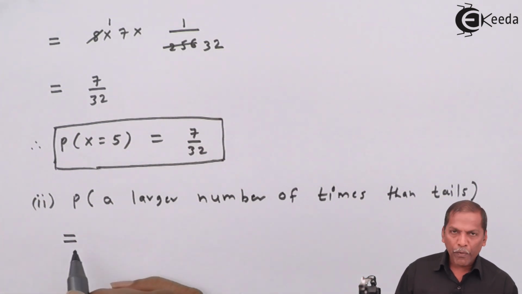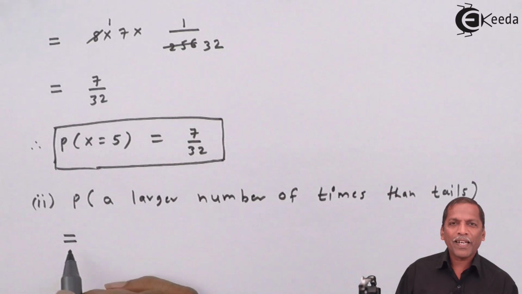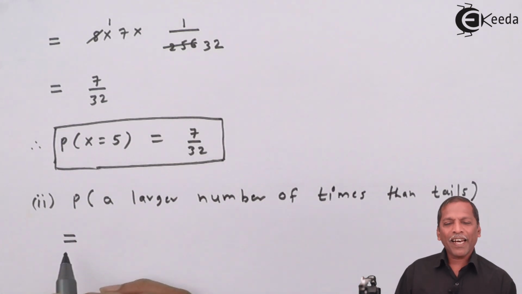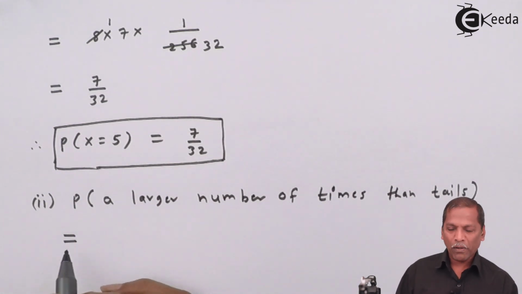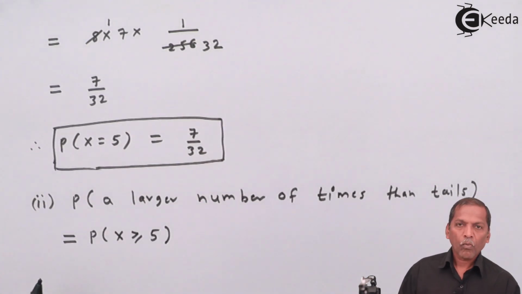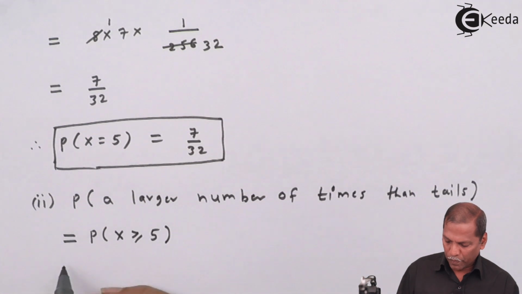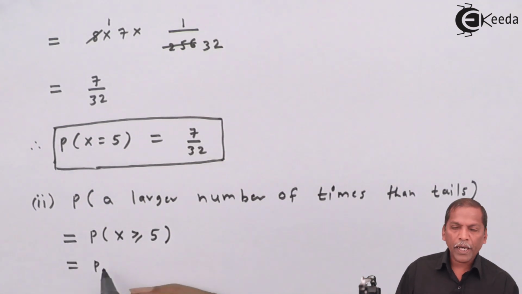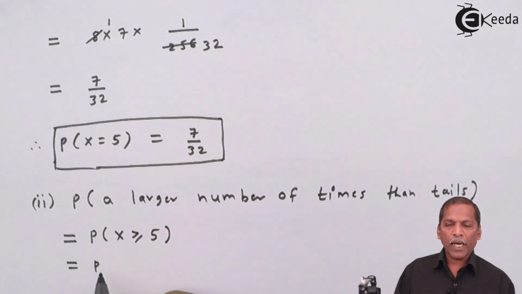It means we have to find the probability that X is greater than or equal to 5. So it means probability X equal to 5 plus probability X equal to 6 plus probability X equal to 7 plus probability X equal to 8.